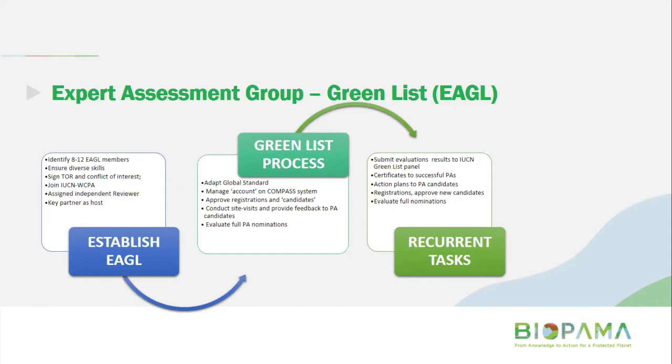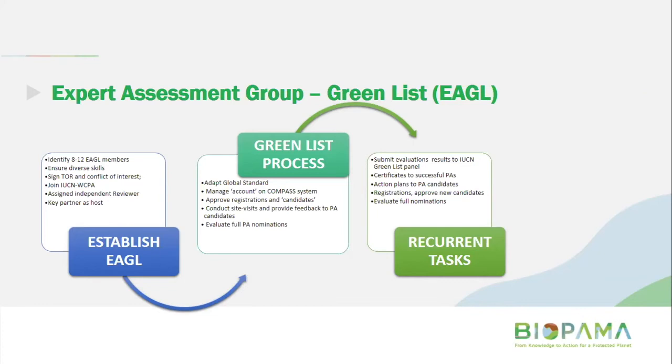It's an Expert Assessment Group of the Green List. It's a group of experts that voluntarily offer their time to lead the implementation of the green list in their countries.